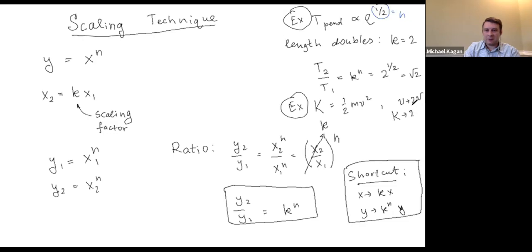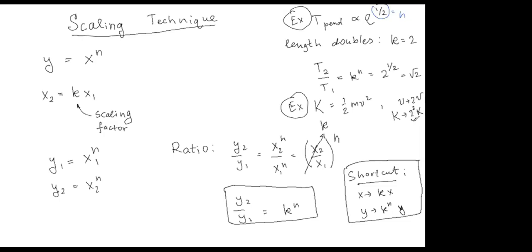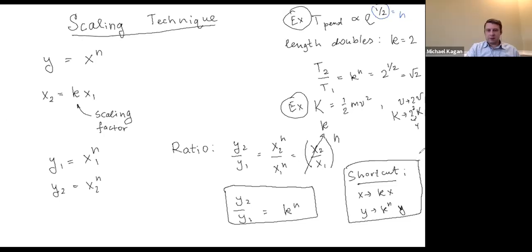So let me put 2 squared times kinetic energy. Okay, so this is pretty much how it all works. Tell me if you have any questions about the scaling technique, because this is pretty powerful. It allows you to answer things very fast.